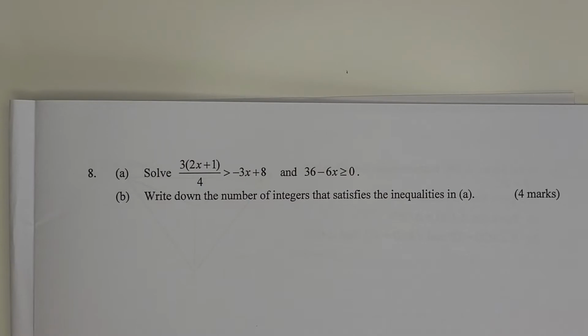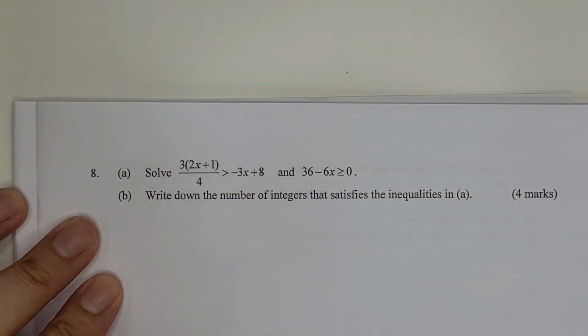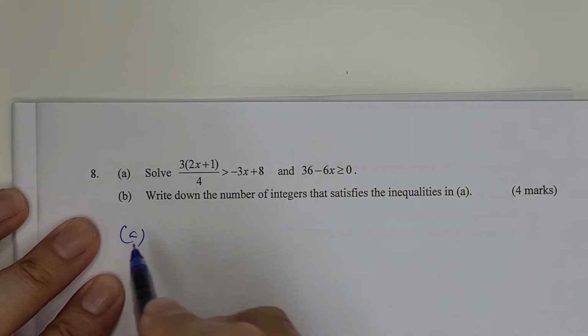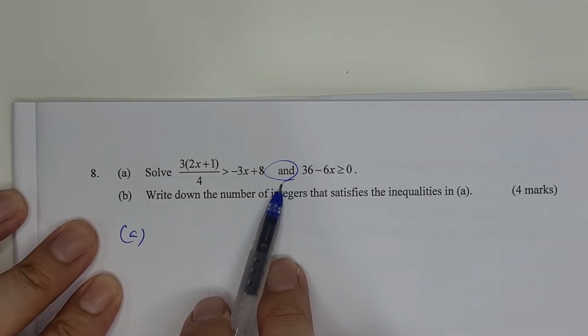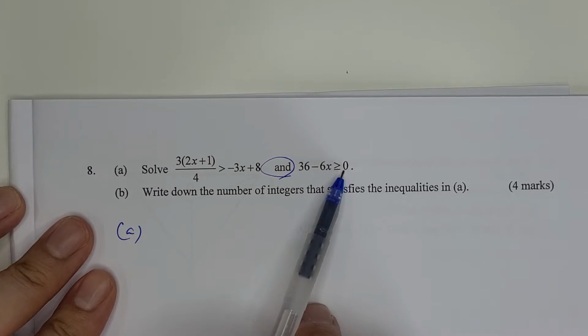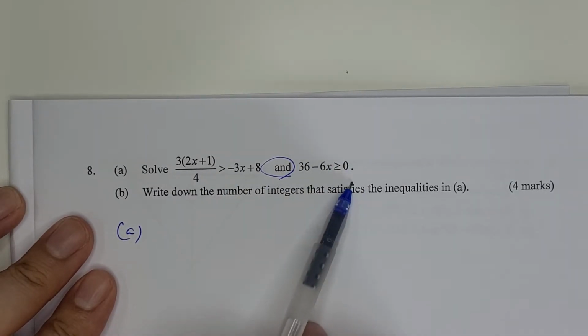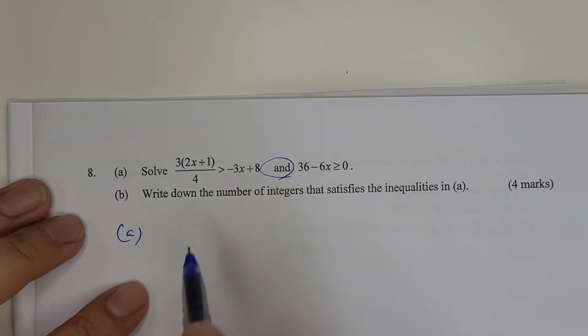So question number 8, there is a question about a compound inequality. A, solve these two inequalities, okay? Now you can see there's a word 'and'. It's a logic word in mathematics. That means you need to solve them separately and then combine them into one final solution, okay?